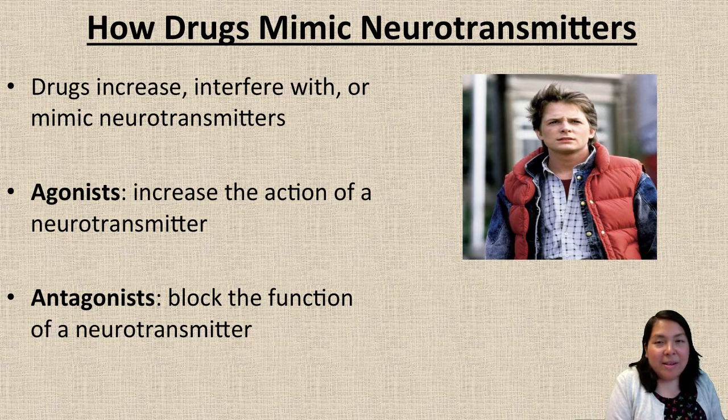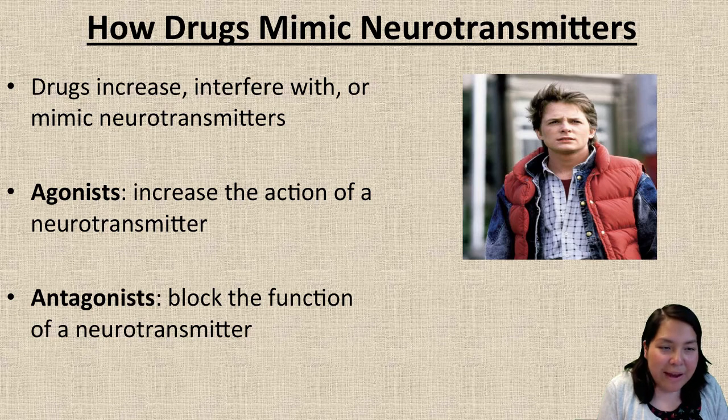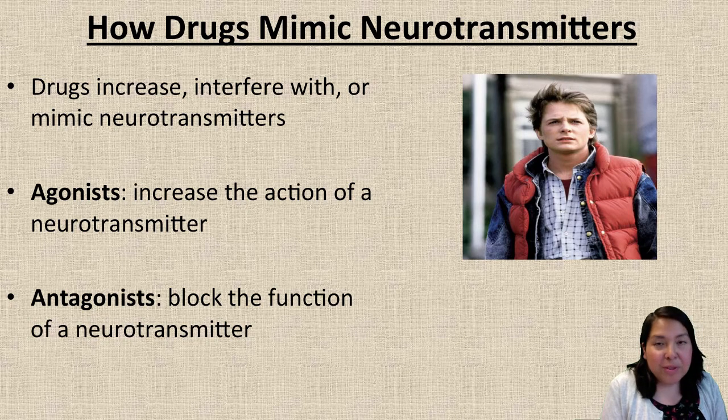These different classes of drugs include agonists and antagonists. Agonists increase the action of a neurotransmitter, so they may increase the production of neurotransmitters. These include medications or drugs such as L-Dopa, which was developed to treat Parkinson's disease.